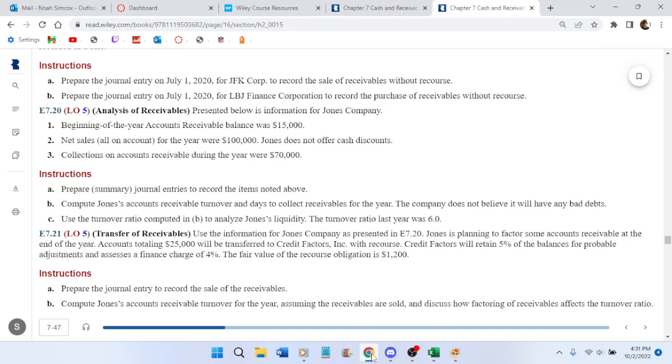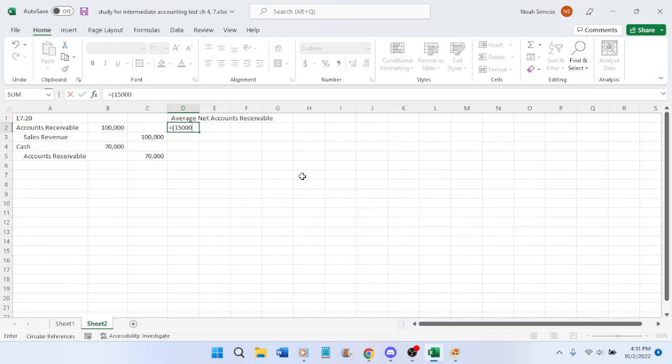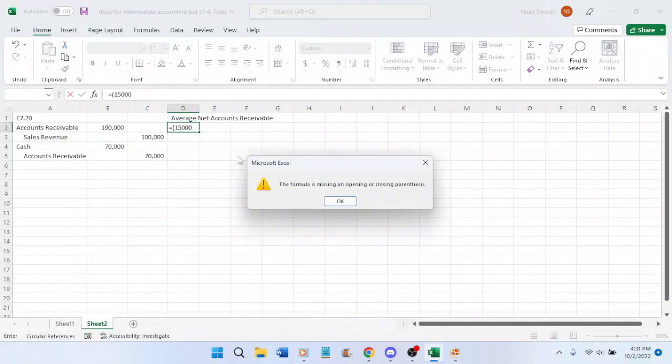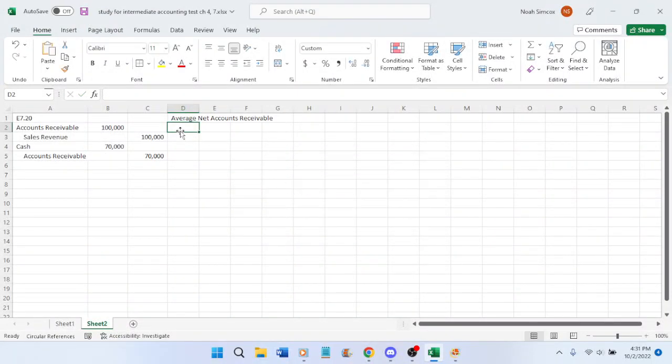What was ending accounts receivable? Dang it. What is ending accounts receivable? It's going to be 15 plus this minus this.